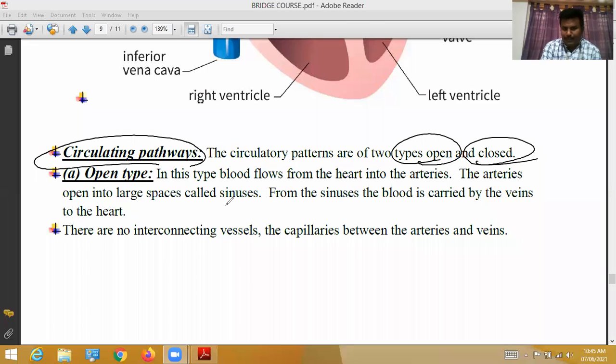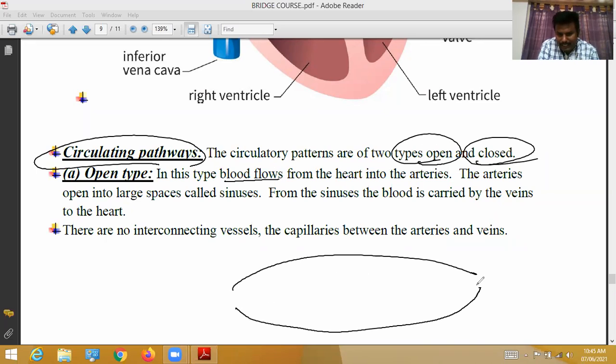In the open type of circulatory system, blood flows from the heart into arteries. The arteries open into large spaces called sinuses. Generally we see this type in the cockroach.